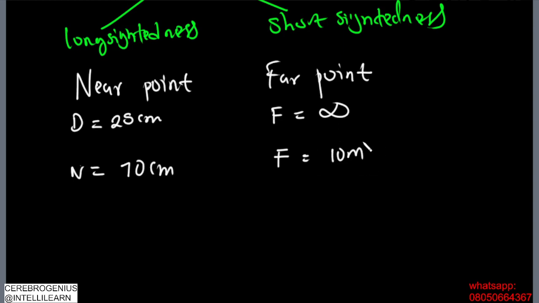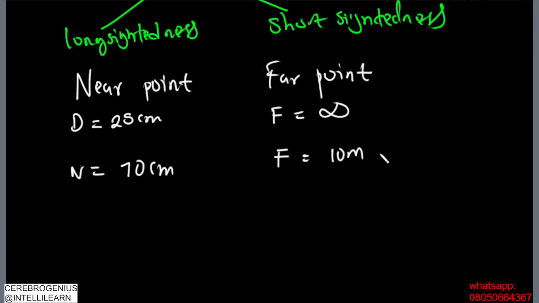It means that if you are taking an object away, the person will still see it. Once maybe 5 meters away, the person will still see it. Maybe 8 meters away, the person will still see it. 10 meters away, the person will still see it. Now once the object goes beyond 10 meters, the person can no longer see it, because it has already exceeded that person's far point.